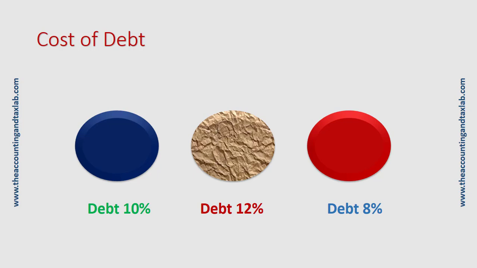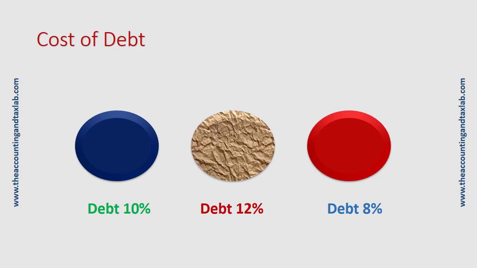So in this case, we have 3 options. In the first option, the cost of debt is 10%, which means you have to be paying 10% interest. In the second option, we have cost of debt as 12%, which means you have to be paying 12% interest. And in our third option, we have 8%, which means you have to be paying 8% interest.